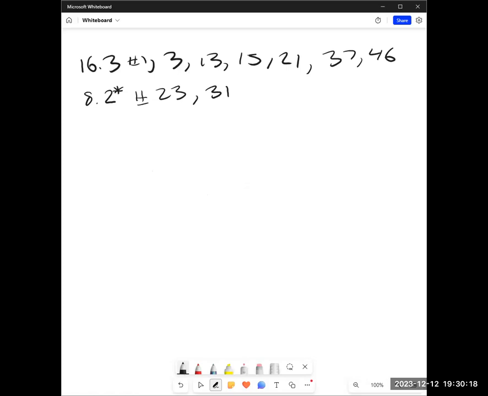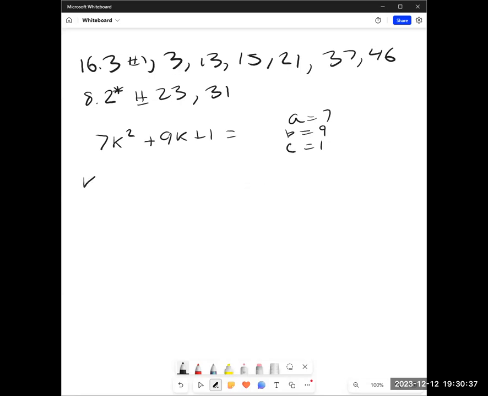We have an example here of 7k squared plus 9k plus 1 is equal to 0. A is equal to 7, B is equal to 9, and C is equal to 1.